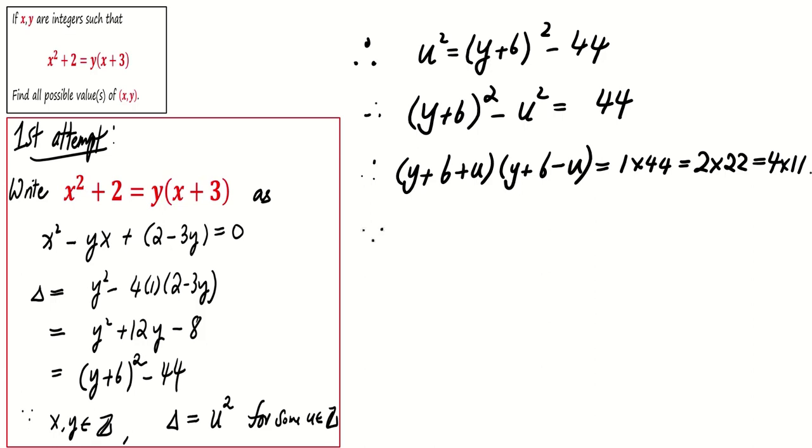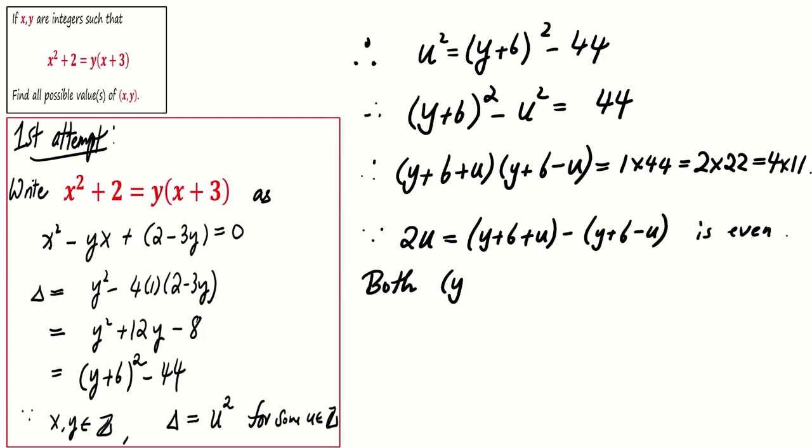Since 2u is the difference between y plus 6 plus u and y plus 6 minus u, and is clearly even, both factors have the same parity, meaning they are either both odd or both even.